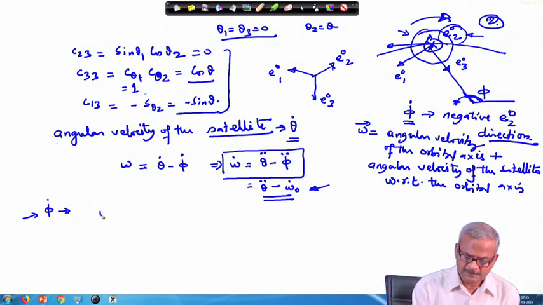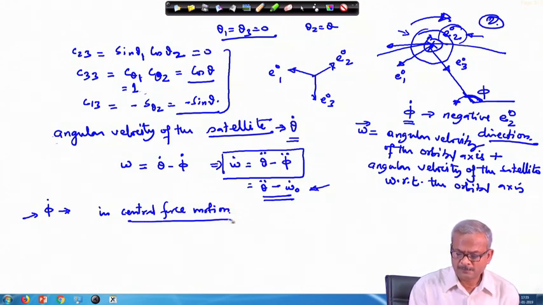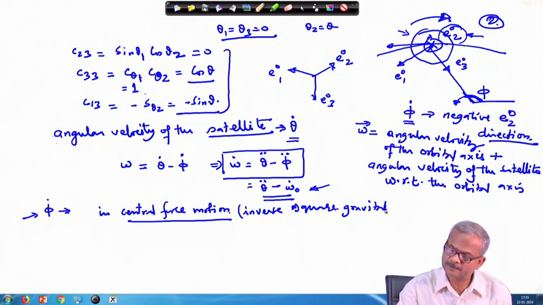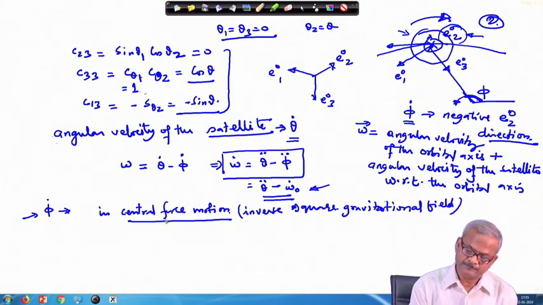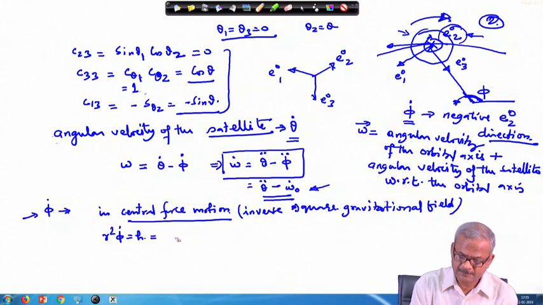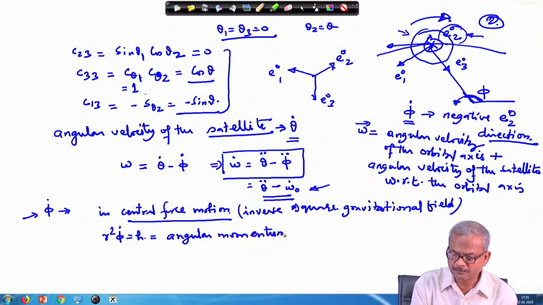Basically, in central force motion of an inverse square gravitational field, we can write r square phi dot equal to h, and this is called the angular momentum per unit mass.